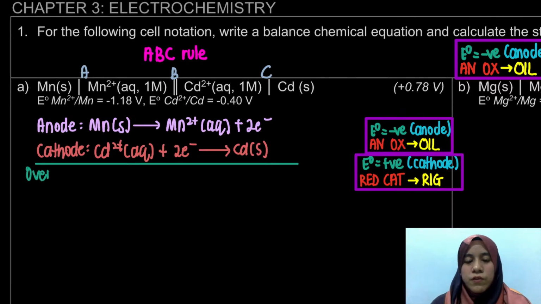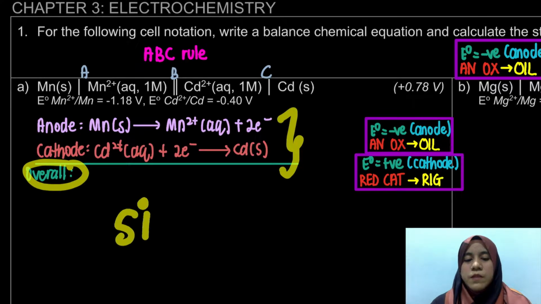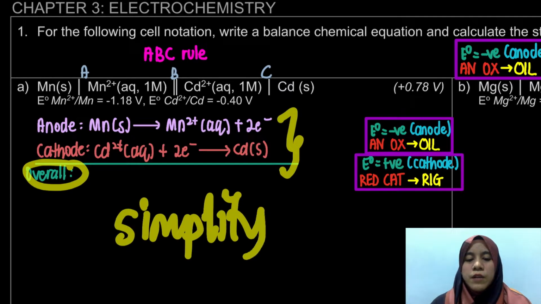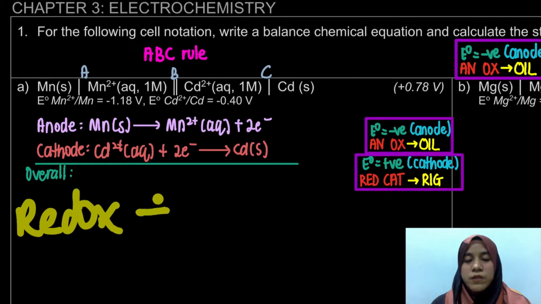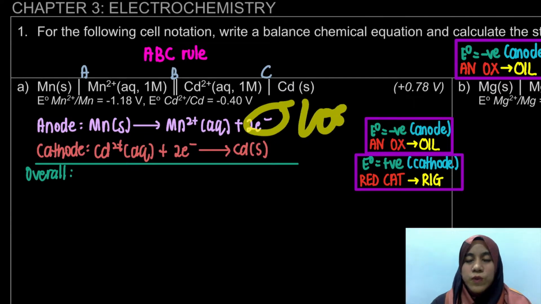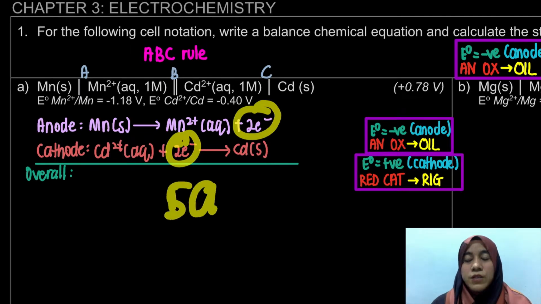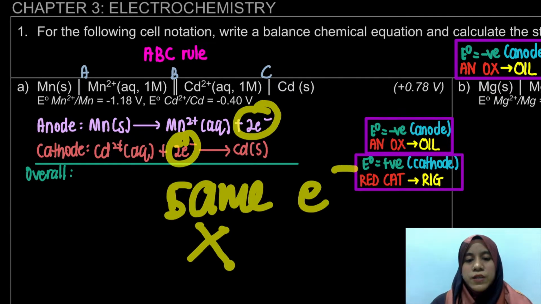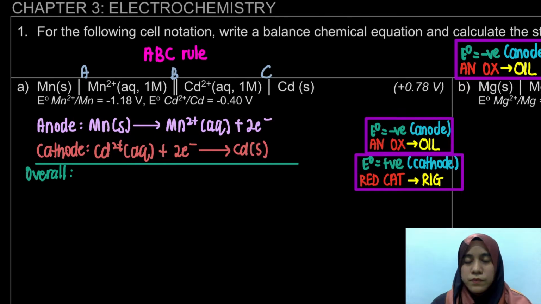For the overall one, we will simplify the equation by removing the electrons. Remember, redox is the process where we gain and lose electrons. We have our loss and gain of electrons, so we can simplify because they are the same number of electrons.